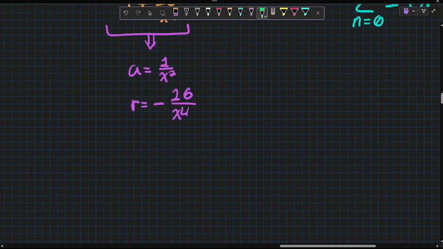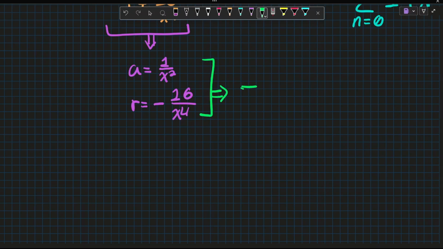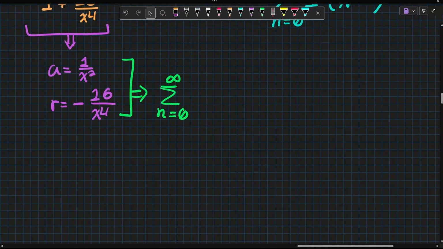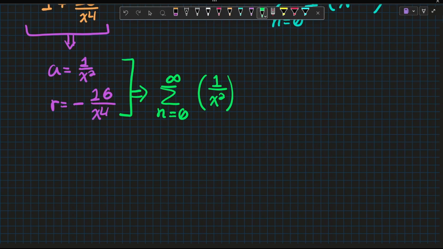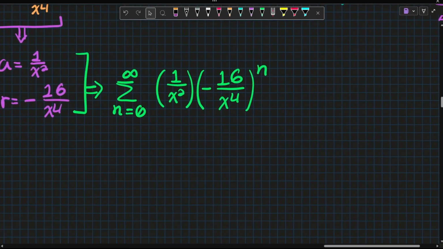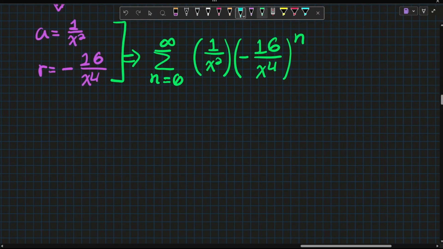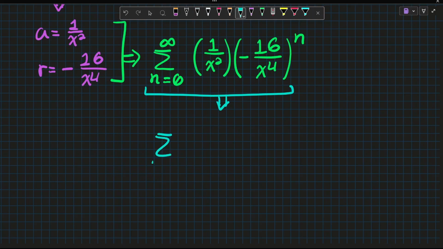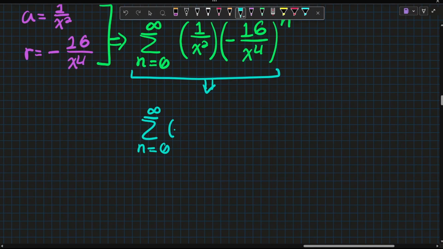Now we know that this is an alternating series. Now you can make the series form. n is equal to 0 to infinity, a starts as 1 over x squared, then you have negative 16. Now you can leave it like this or simplify further, where you can say, first of all, n equals 0 to infinity. Of course, bring out the alternating part.